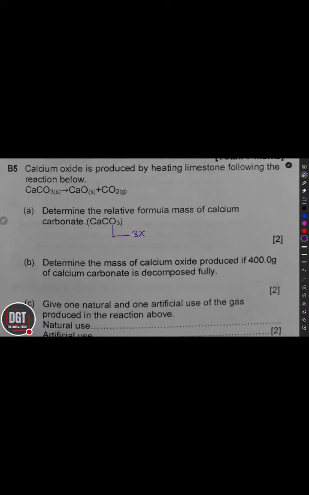We have 3. One oxygen, the mass is 16. Then you have carbon in this one. There's 1 carbon multiplied by 12. Carbon has a mass of 12. Then we have calcium, which is 1 multiplied by 40. Calcium has 40.